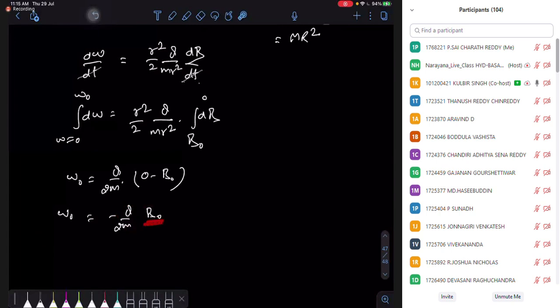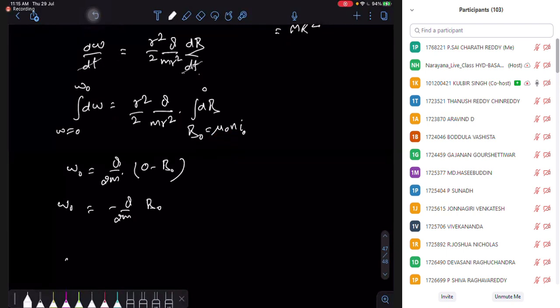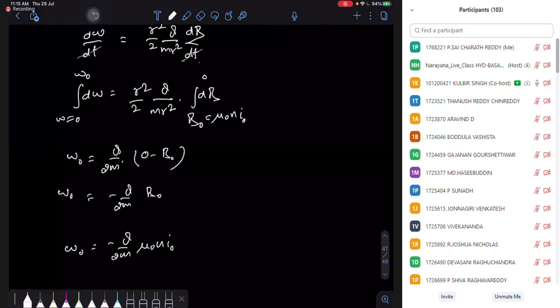This B is the magnetic field of my solenoid. And the magnetic field of the solenoid is mu naught n i. We can put the value of the magnetic field of the solenoid, and that gives me the final value of the omega. Now, the negative sign here simply indicates that omega is opposite to my B direction.